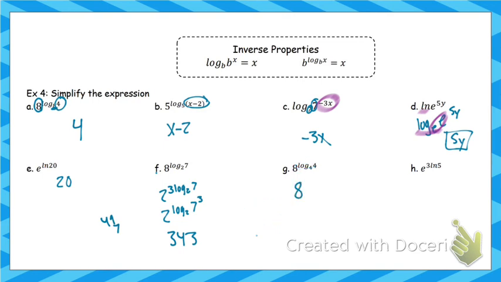So this is just 8 to the 1st, which is just 8. All right, then the last one, again, the bases match, but we have this 3 out in front. So that 3 out in front has to become the exponent on the 5. So that becomes 5 to the 3rd. ln has a base of e, so those match. So it's just 5 to the 3rd, and 5 to the 3rd is 125.